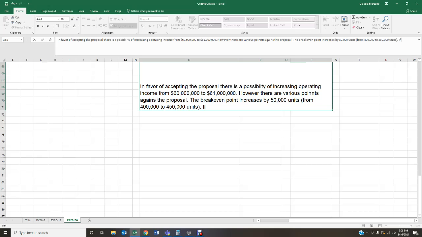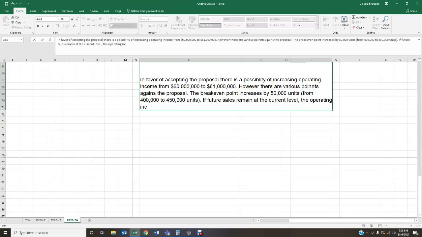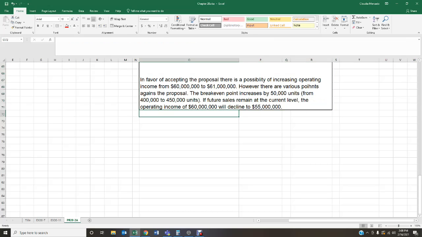Also, if future sales remain at the current level, the operating income of 60 million will decline to 55 million. What am I talking about here?